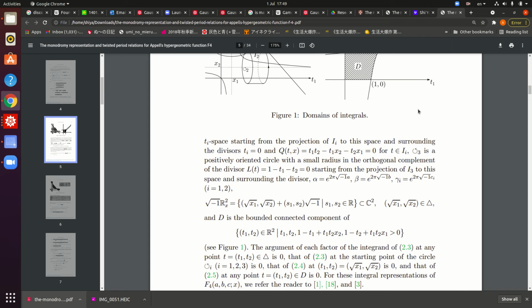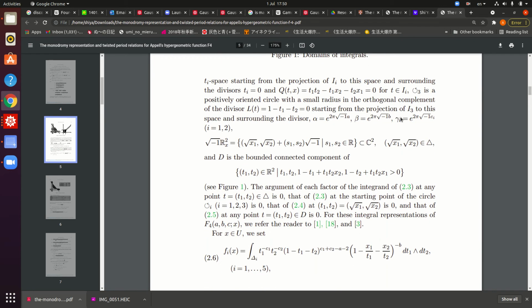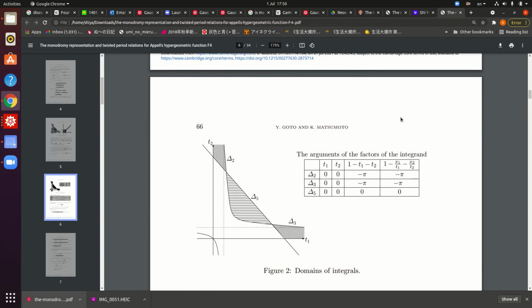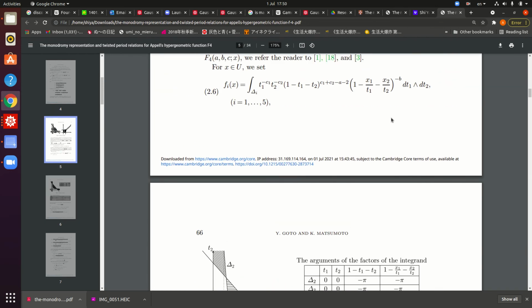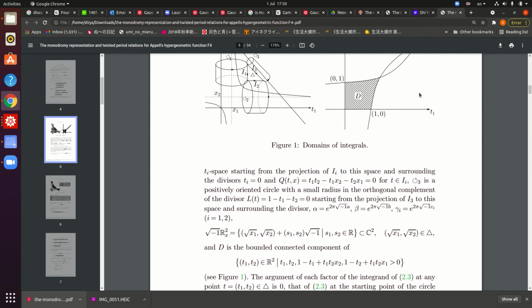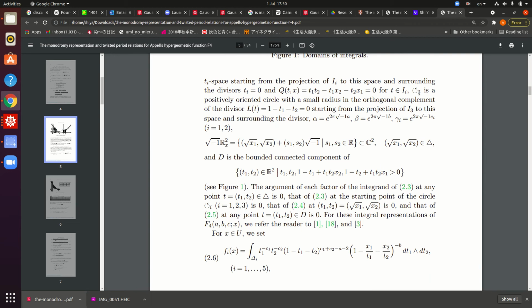And suppose I use the representation with D. And then I ask the question, for a given value of x, does the integrand have the same sign in all of D?